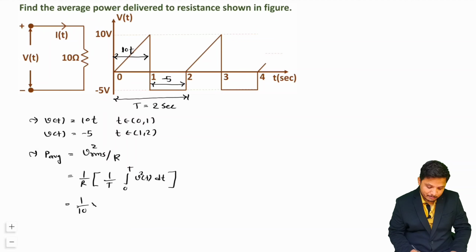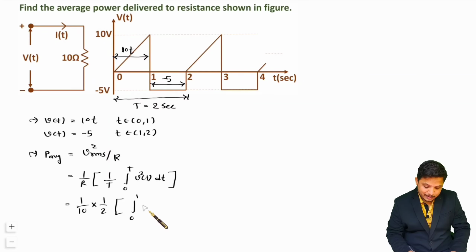So I am saying this is 1 by 2, and now this integration will get bisected into two limits. For 0 to 1 it is 10t, and for 1 to 2 it is minus 5. So here I am integrating over 0 to 1, where v square t is 10t whole square dt, plus integration from 1 to 2, now it is minus 5 square dt. Right.